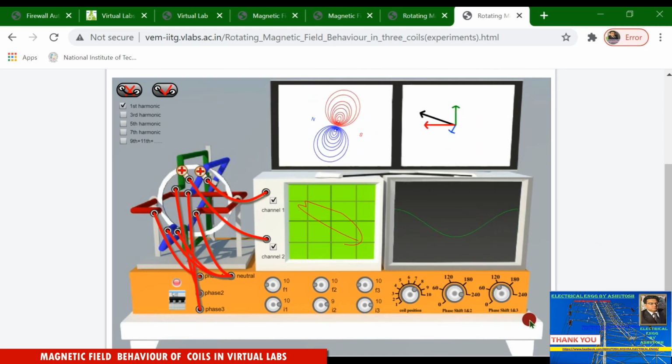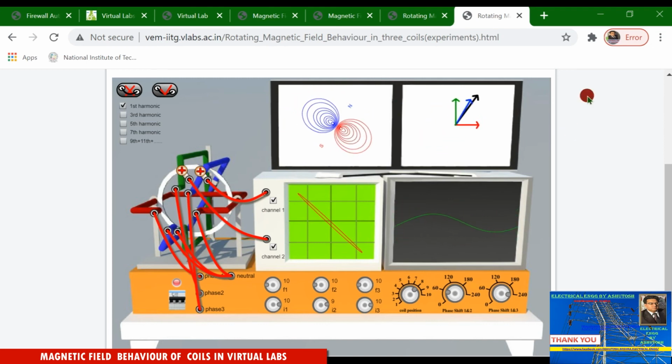You have changed the phase shift between first and third to 120-degree and between first and second to 240-degree, so the direction of the magnetic field is reversed. You can also change it: between first and second keep 120-degree and between first and third 240-degree. See this, the direction of the rotating field is changed.